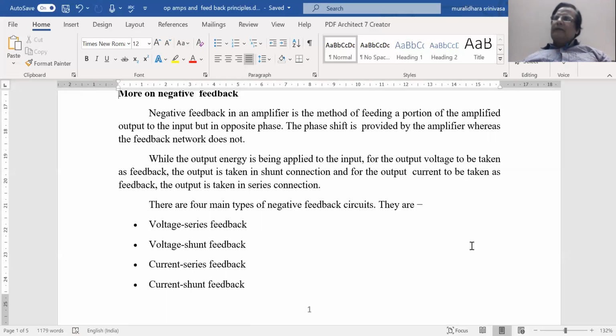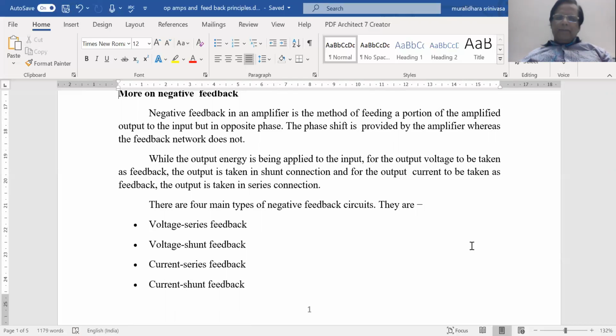The output is being tapped in parallel, then it is fed either in series or parallel to the input. Therefore, whenever you want output voltage to be returned to the input, you always pick up the voltage in a shunt mechanism, parallel mechanism. The output points and the points to which you return at the input will be parallel.